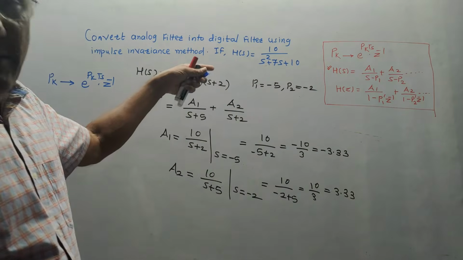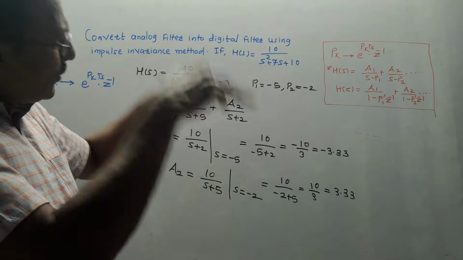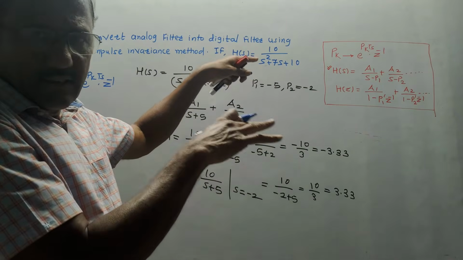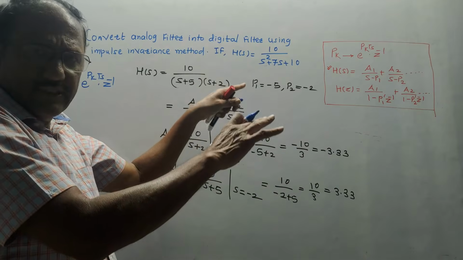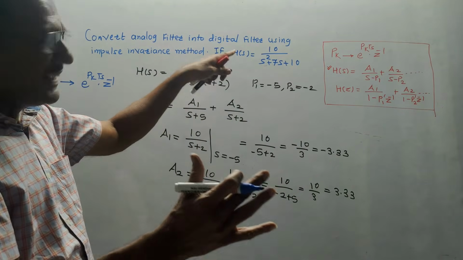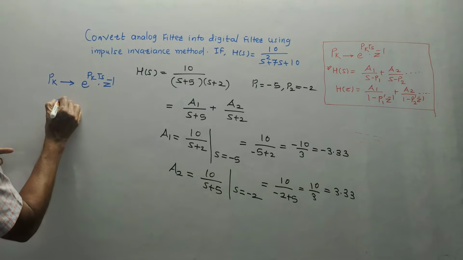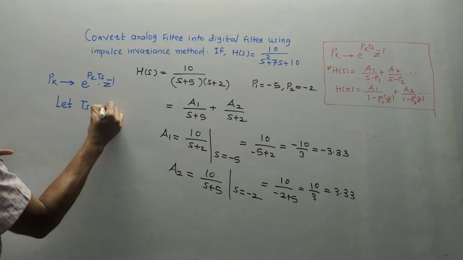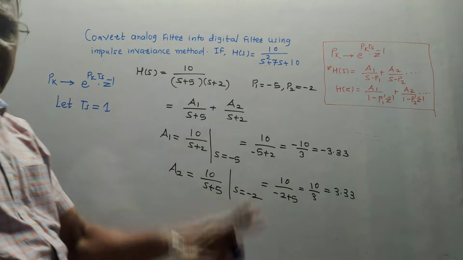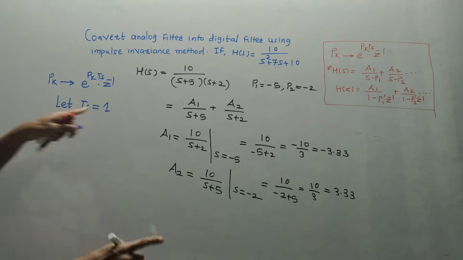In the last problem, Fs, that is the sampling frequency, was given, so we could calculate Ts, that is the sampling time. In this case, nothing is mentioned about the sampling frequency or the sampling time Ts. So in such cases, always and always consider Ts equals 1. If Ts and Fs are not given, by default consider Ts equals 1.